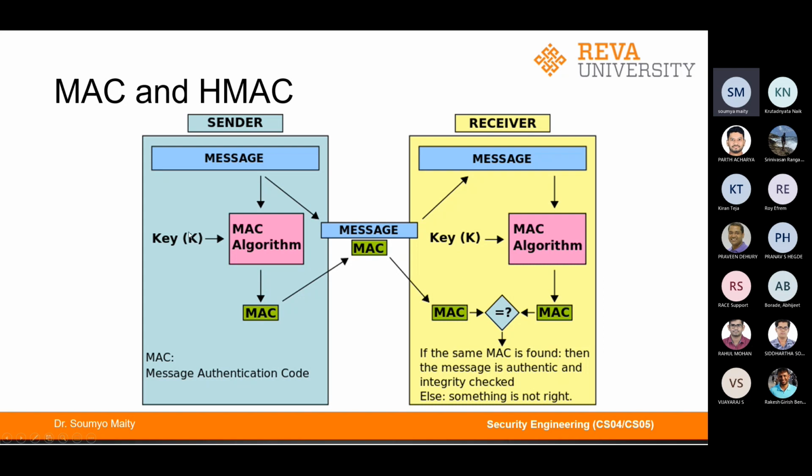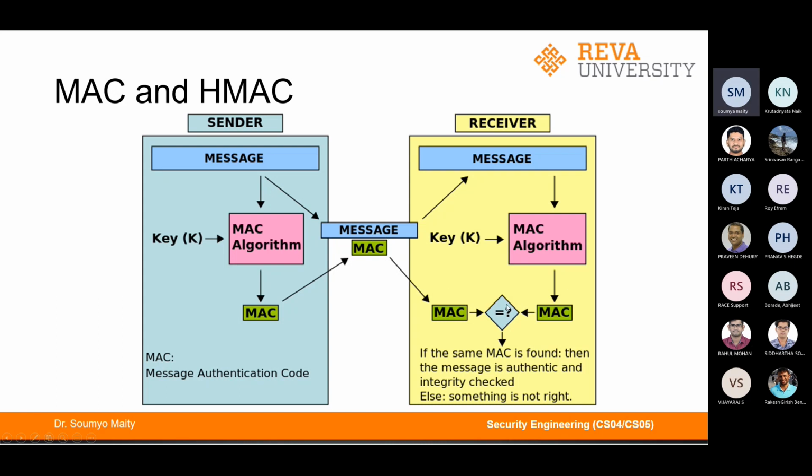And it is a symmetric key operation. So the same key should be there with the receiver, with out of band communication of the key, either with Diffie-Hellman or physically they would meet and exchange the key. The receiver receives the message, applies the hash on the message, creates the same MAC value and checks whether the MAC value matches or not, because the MAC is appended with the message.